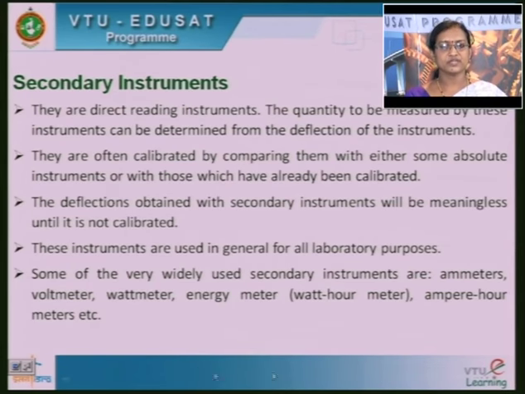The unit of power is watt, and since we consider time, we represent it in hours. It is a watt hour meter or ampere hour meter, which is also a secondary instrument.